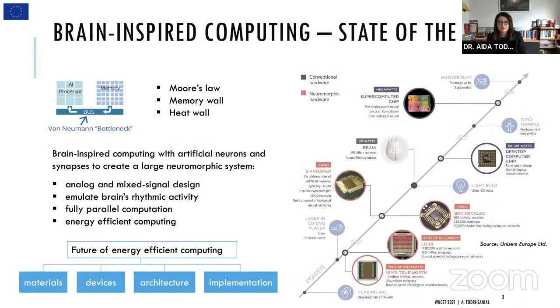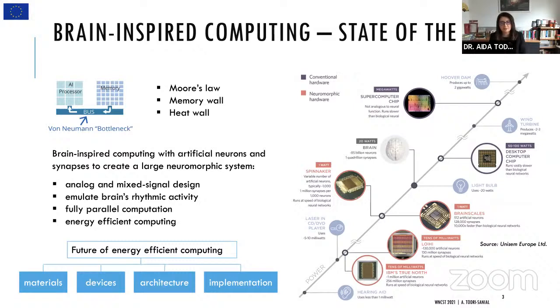With this a little bit of an introduction, I would like to set the stage into why we need to look into novel computing paradigms, and especially neuromorphic, in the current state of the art. If you look into the challenges that we are facing in the von Neumann type of architecture, the main challenges are the scaling, and especially device scaling.